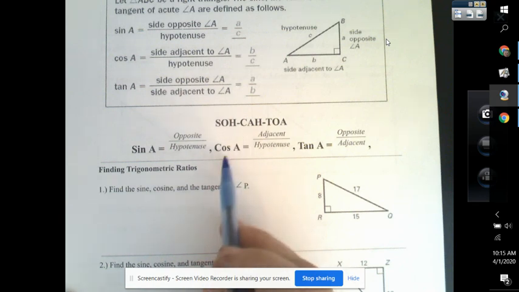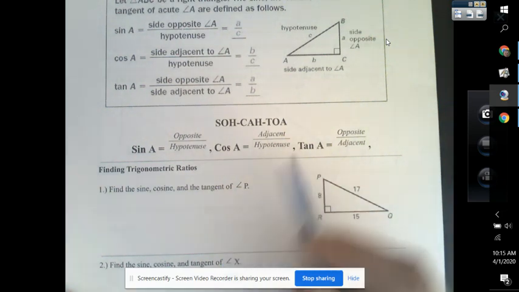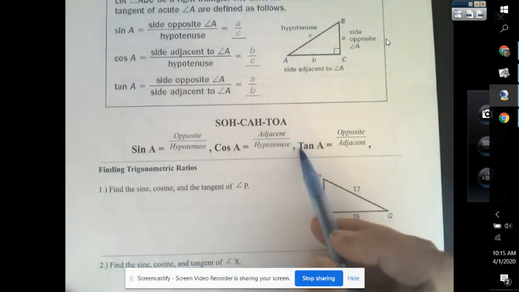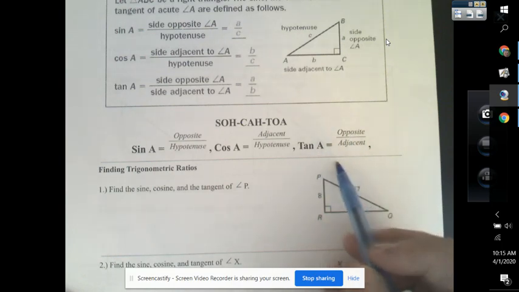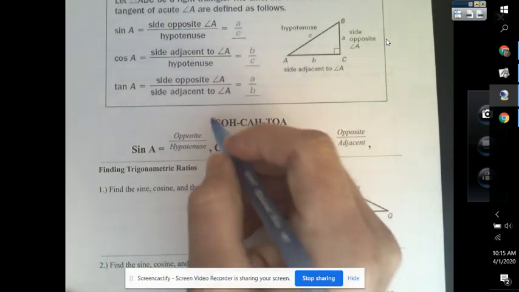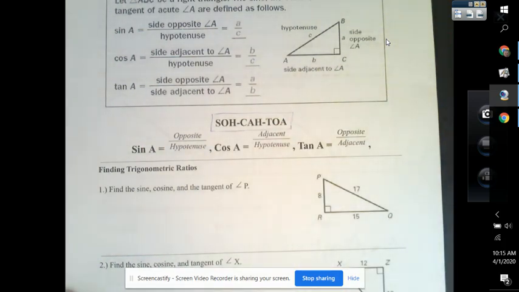Cosine, the C stands for cosine, A over H, adjacent over hypotenuse. And finally, TOA, tangent of an angle, is opposite over adjacent. You will see this for years to come, like you really will. We're going to have this all over everything to help you guys out.